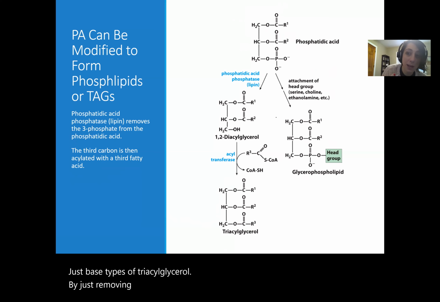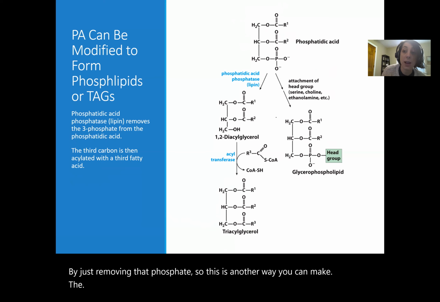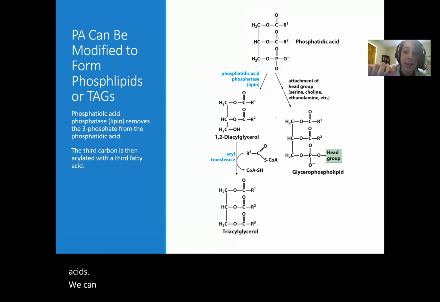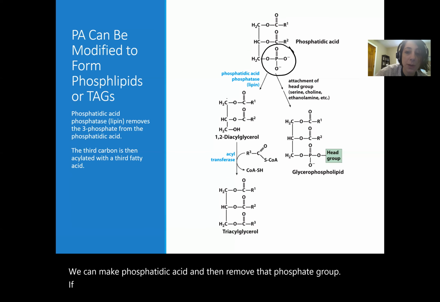So this is another way you can make the di- or triacylglycerides. Instead of making glycerol first and then adding on fatty acids, we can make phosphatidic acid and then remove that phosphate group.